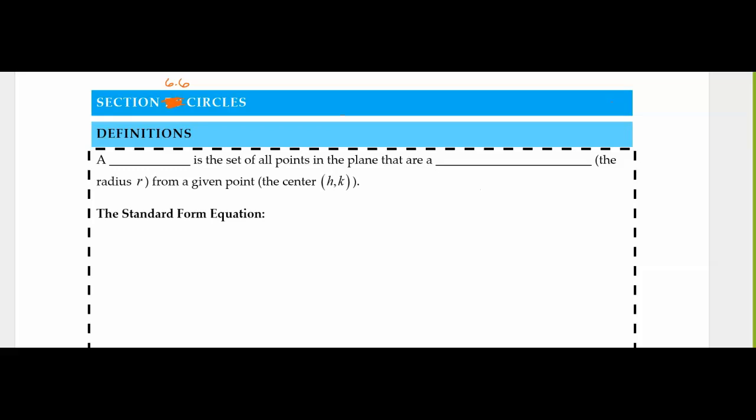All right, so circles are kind of a fun thing to talk about here. Let's first of all look at what a circle is. A circle is a set of points on a plane that are an equal distance from the center.